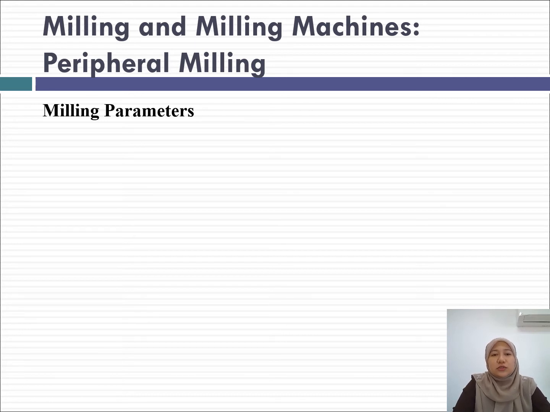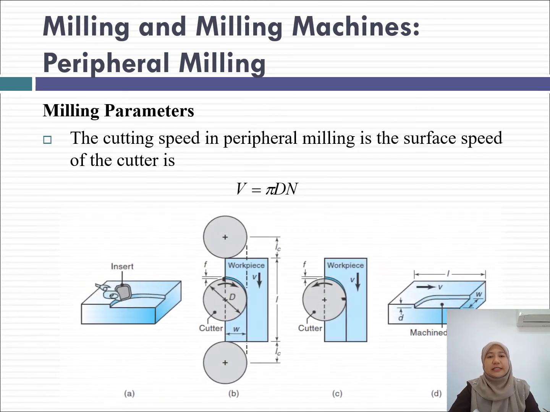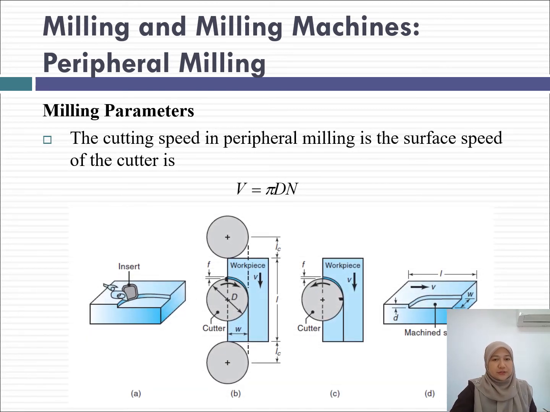Okay, now we go to the milling parameters. All the important parameters related to milling operations. So the cutting speed in peripheral milling is the surface speed of the cutter.